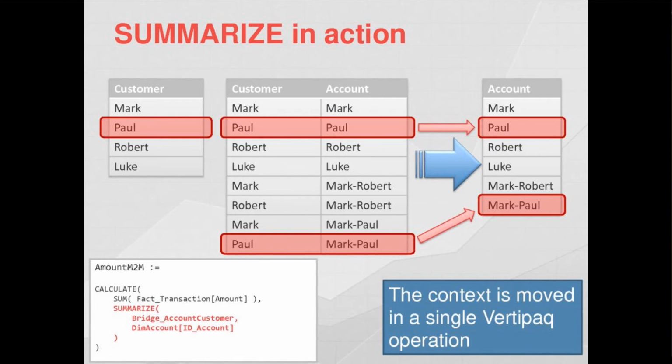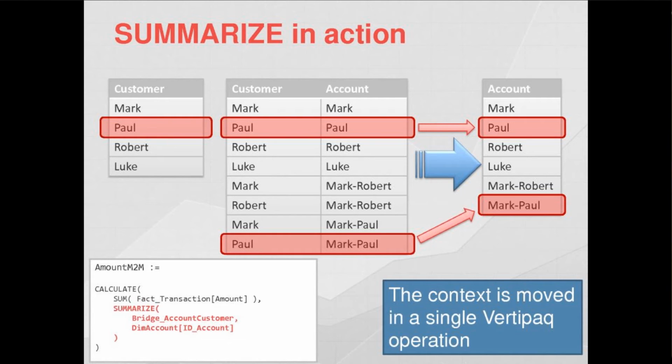SUMMARIZE will follow the relationship to the account table, grab the visible values in the account table, and return a table of accounts, only the visible accounts, which are Paul and Mark Paul.